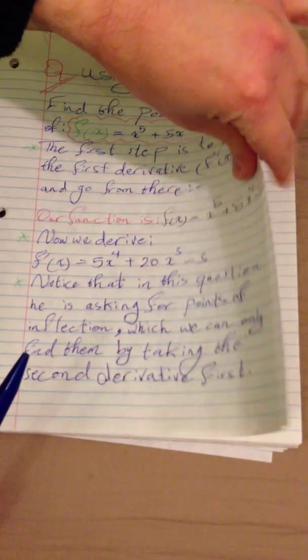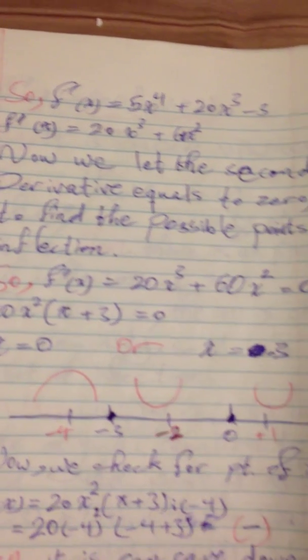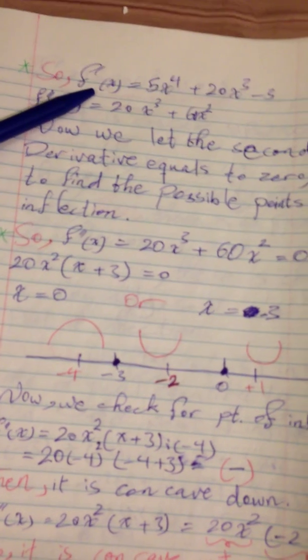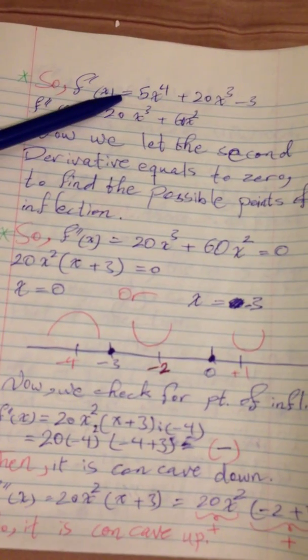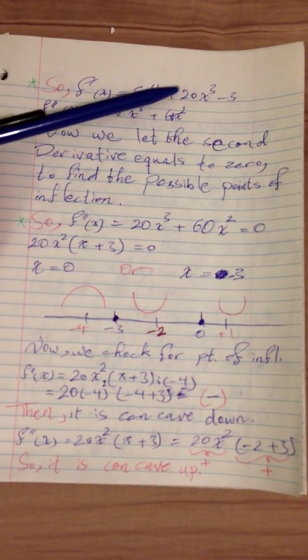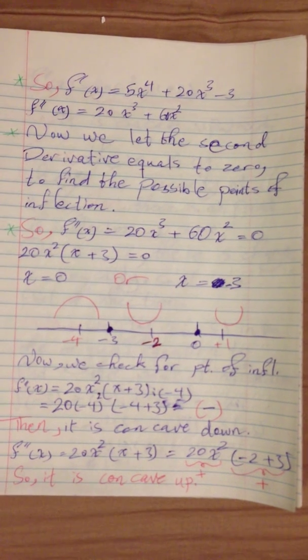Alright, so now we take the second derivative from the first derivative. Just to remind you, our first derivative was equal to 5x to the fourth plus 20x to the third minus 3.